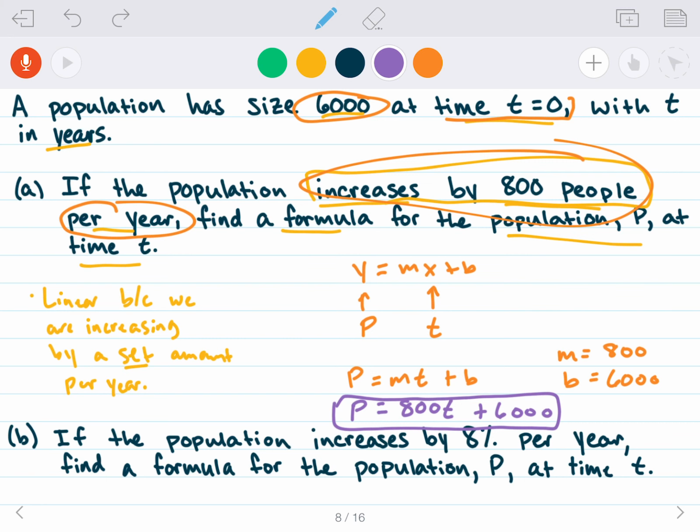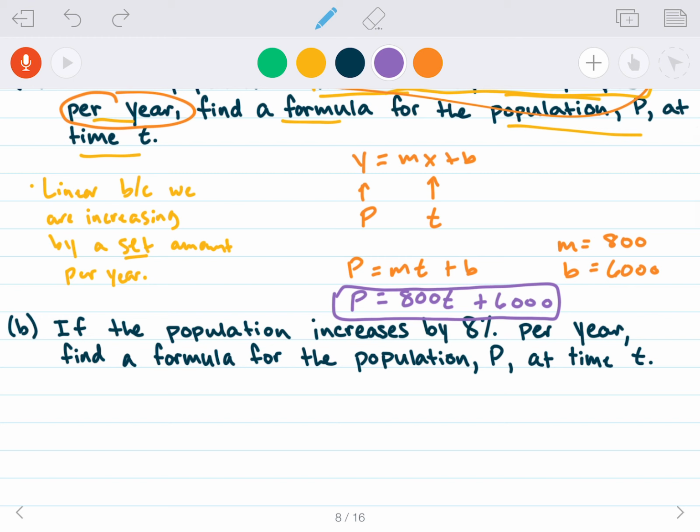Okay, so let's consider the same situation, but instead of increasing by a set amount, let's say that we're increasing by 8% every year. Okay, so that's not a set amount, right? If you're increasing by a percent every year, that's not the same amount every year, right? We saw that with the saving, whatever it was, 5% of $20 every day, or however much money you have, saving 5% of that every day.